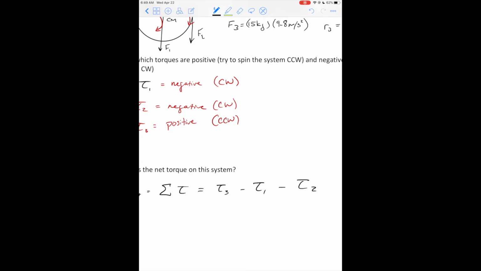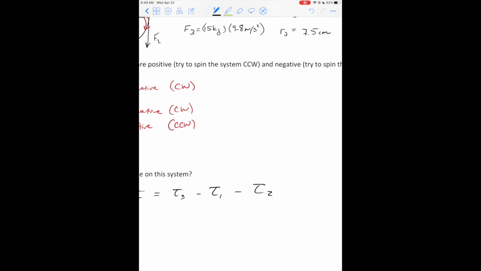That's just the way I do it. So if I'm thinking about this, I'm going to have R, 0.075 meters times 15 kilograms times 9.8 meters per second squared times sine of 90 degrees.